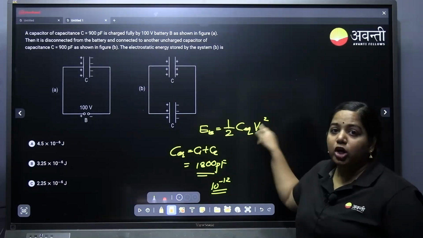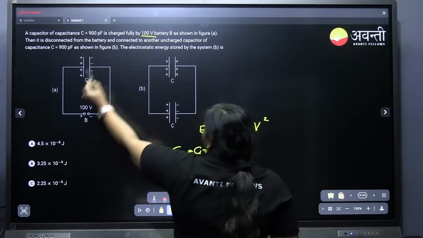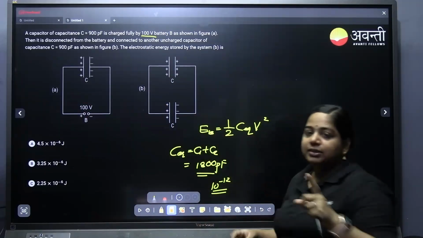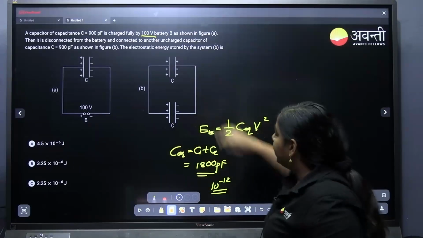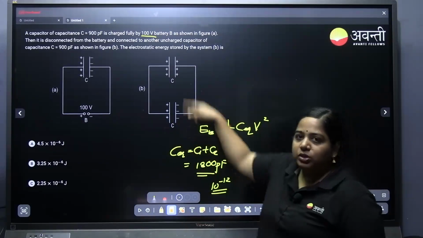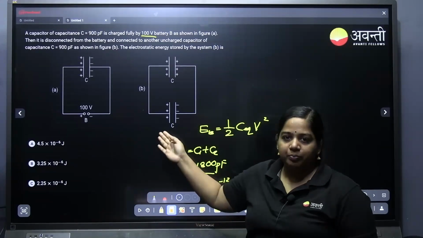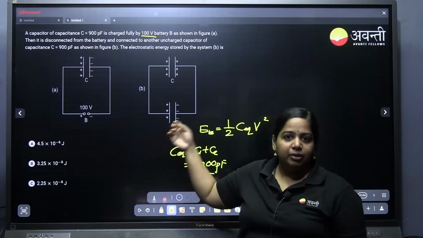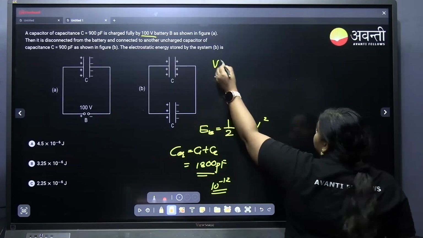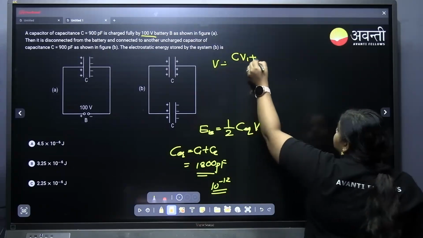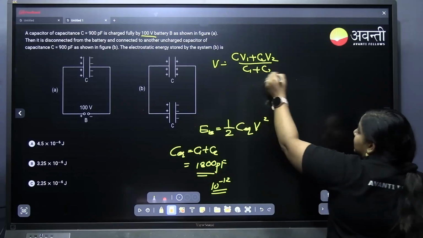Now we need V. What will be the potential? So it is charged by 100 volt battery. So maximum voltage for this is 100. Now when it is connected, since both are having same capacitance, we can say it will become V by 2. We can say that, but with respect to our formula also we can derive. V will be equal to C1V1 plus C2V2 divided by C1 plus C2.